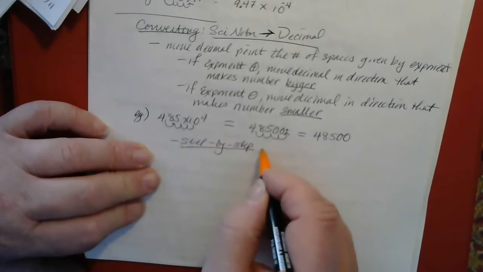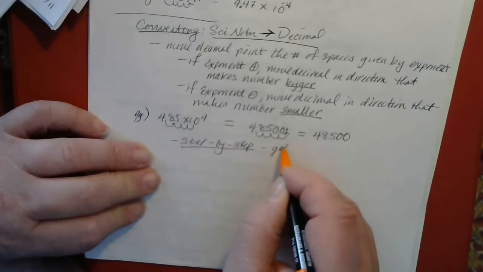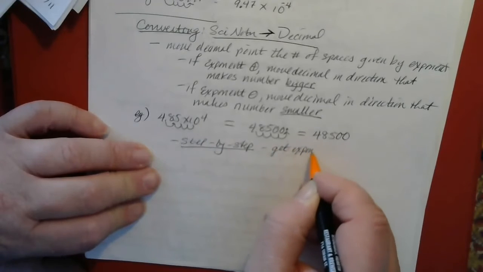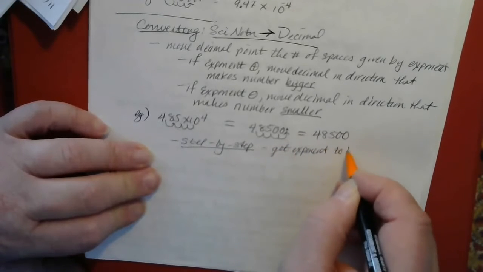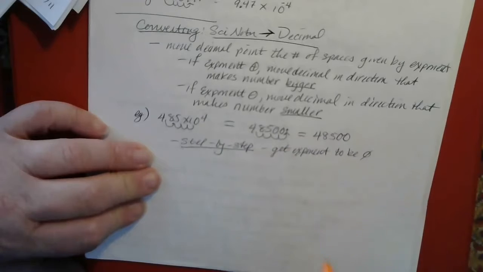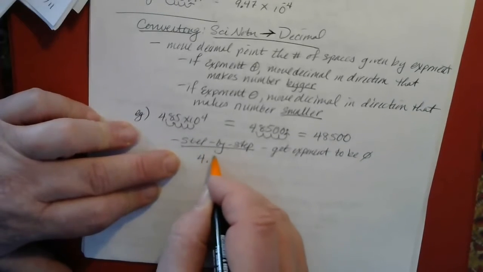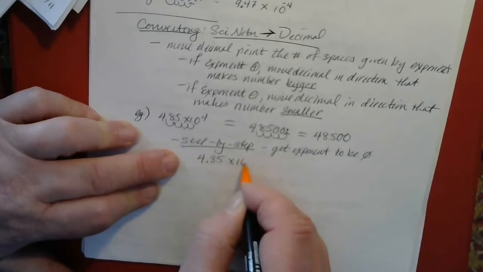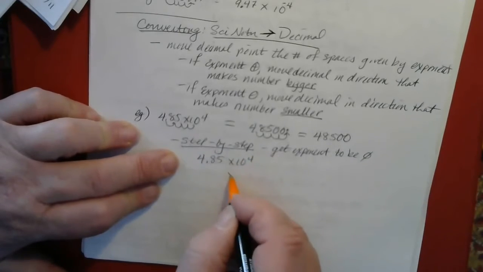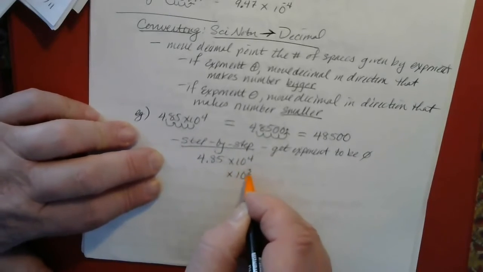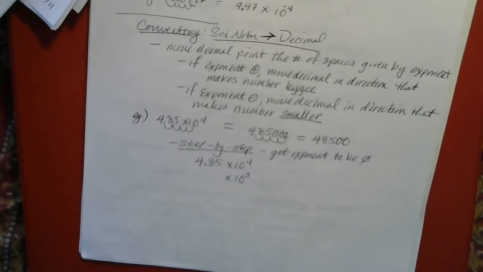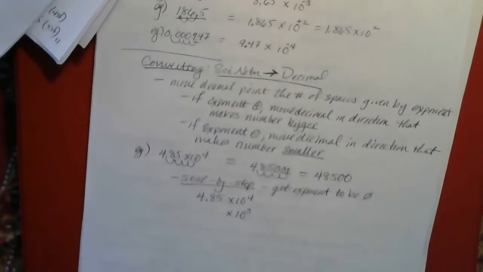So for a step-by-step approach, you can do that by taking the original number and saying, okay, it's 10 to the fourth. If you want to do it step by step, our next step would be, what do I have to do to get this number to be something times 10 to the third?